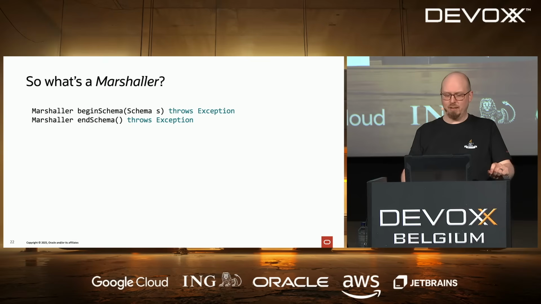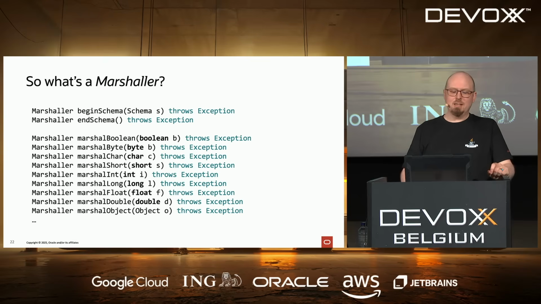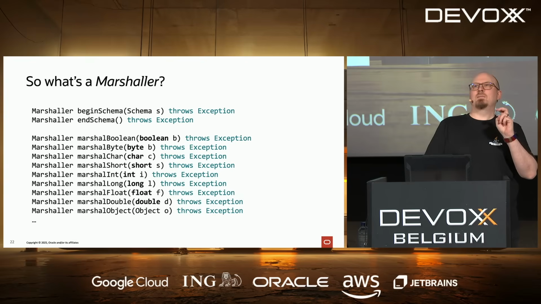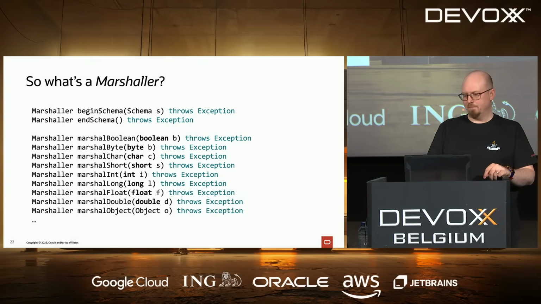You will probably understand why they're all there: if we want to preserve primitives and not box them, then clearly we're going to have some overloads here and manually specialize these things. But think of it as a different kind of output stream. That's a simple way of looking at it.